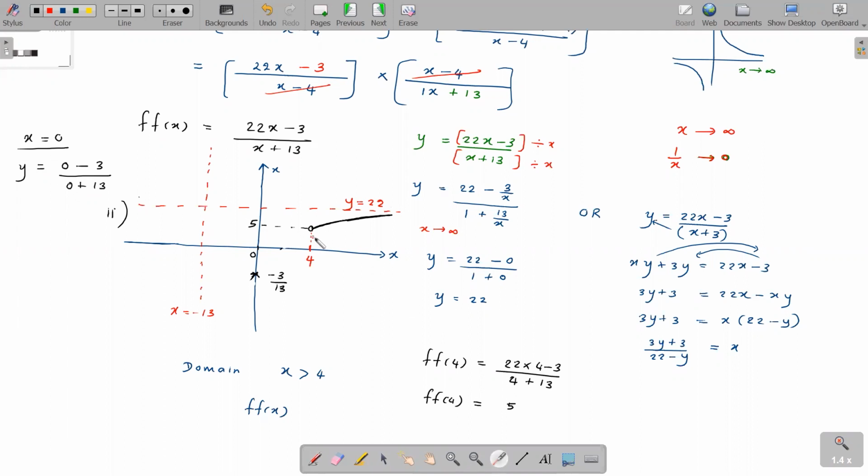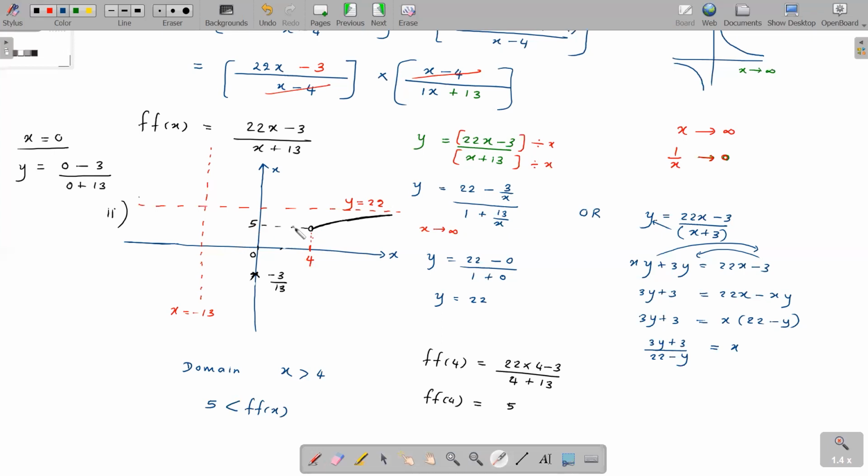So the lowest my graph goes is 5, the y value, and the highest it reaches is what? It goes towards the asymptote, right? So the highest y value we have here is 22. Okay, so then your f of x is greater than 5. We don't put the equal mark here because at 4 we don't have the equal mark. Your domain doesn't have equal mark at 4.